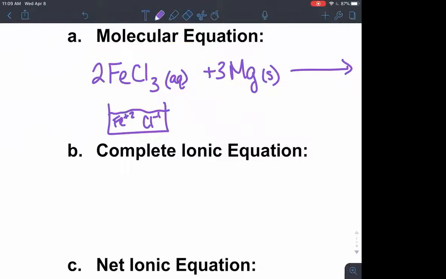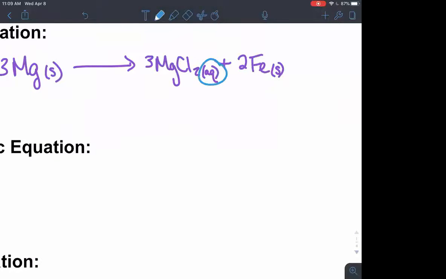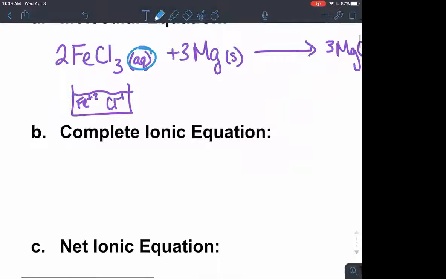So we're going to write out all of our aqueous solutions, anything that says AQ, so that one and that one, as their separate ions in this equation. So if we look at FeCl3, we're going to take Fe and break it apart from the Cl. So we're going to rewrite Fe with its charge, Fe plus 3.